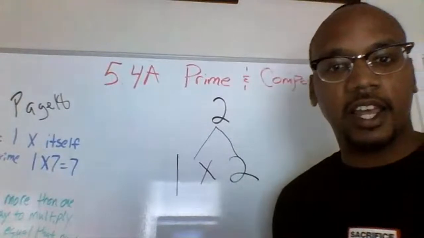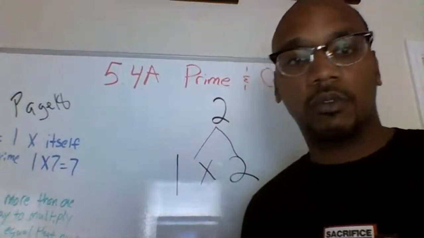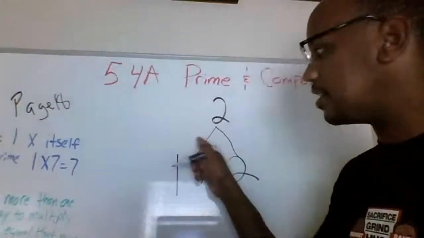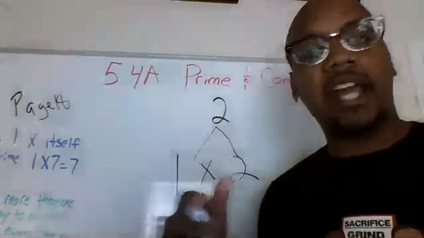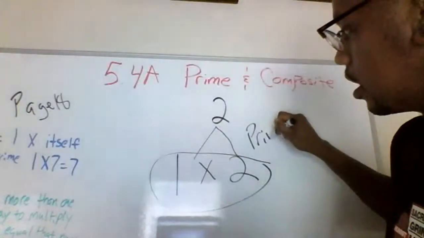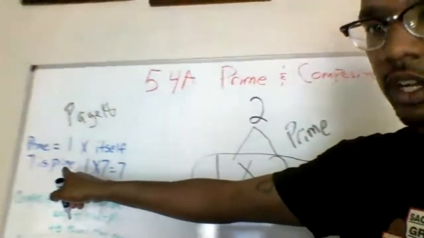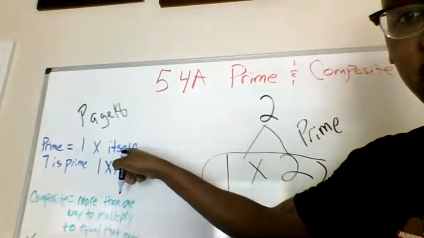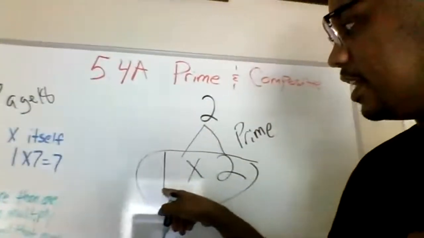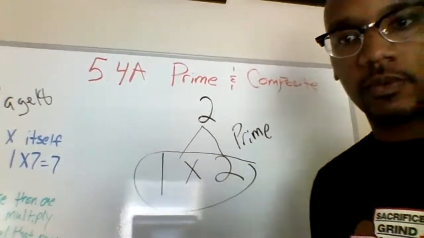I don't know any other numbers that multiply to get 2, and because of that, 2 is prime. Prime numbers are only 1 times itself. See? 2 is prime because it's only 1 times 2.